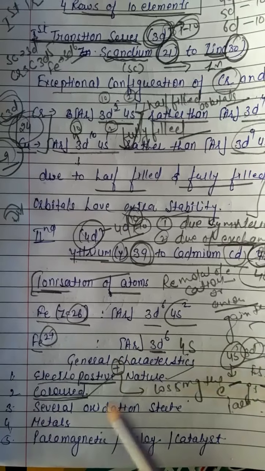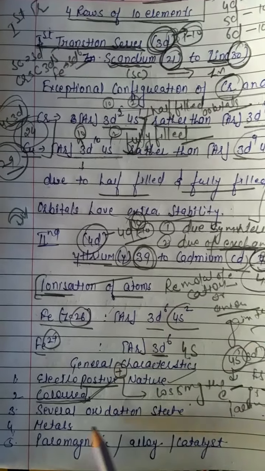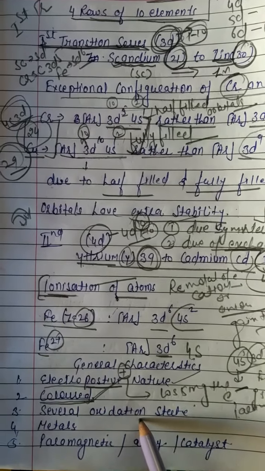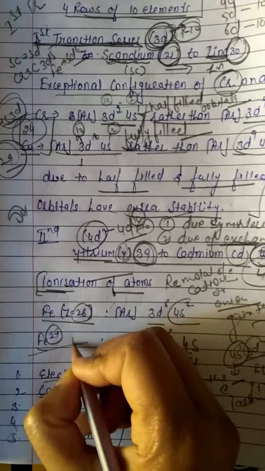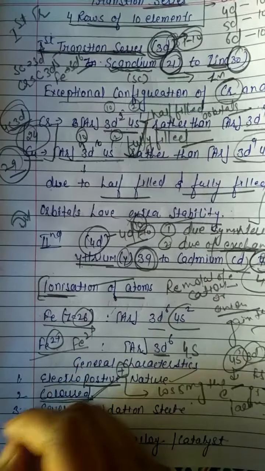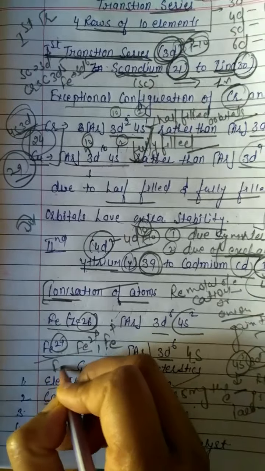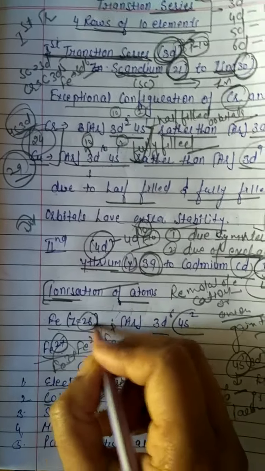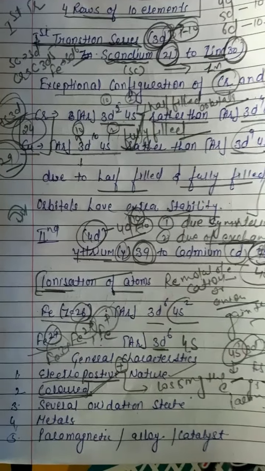D block or transition elements are colored in nature. They have several variations of oxidation state. Iron shows Fe2+ and Fe3+ oxidation states, which shows the variation in oxidation state.